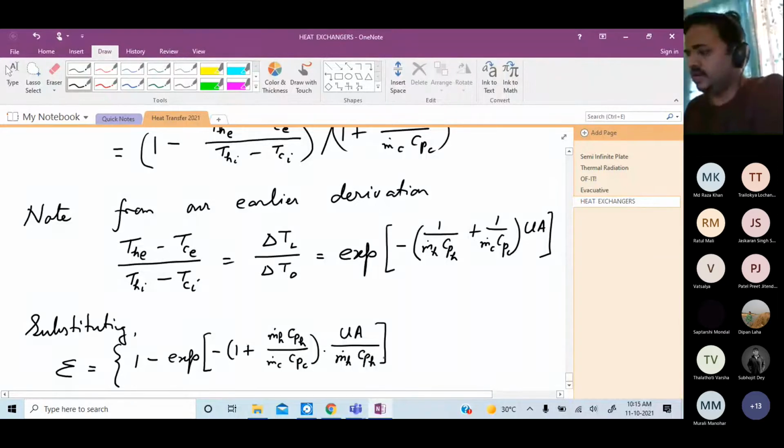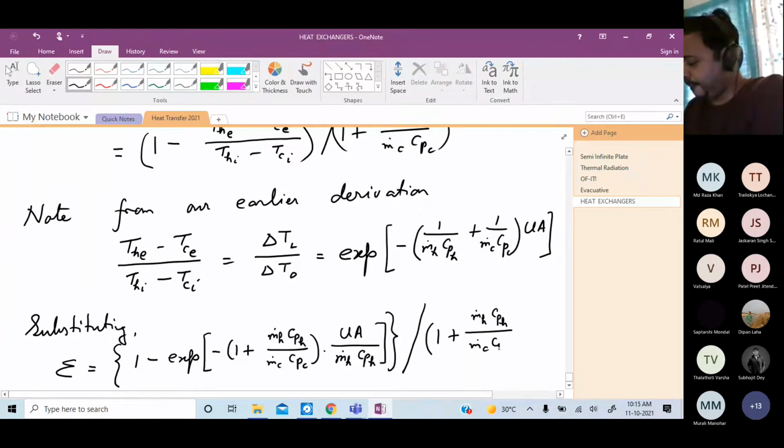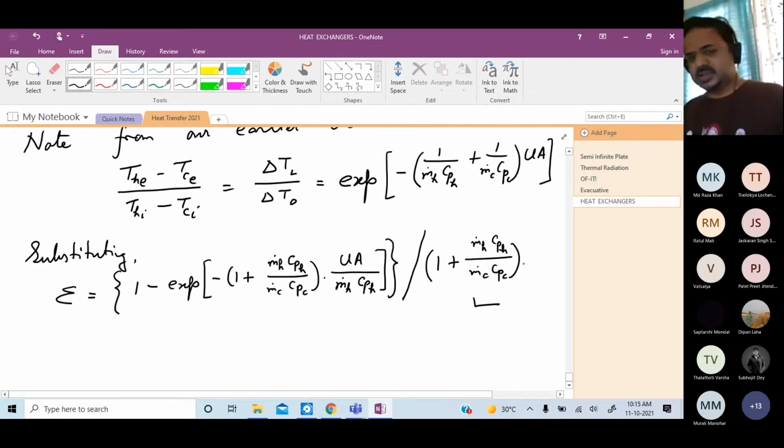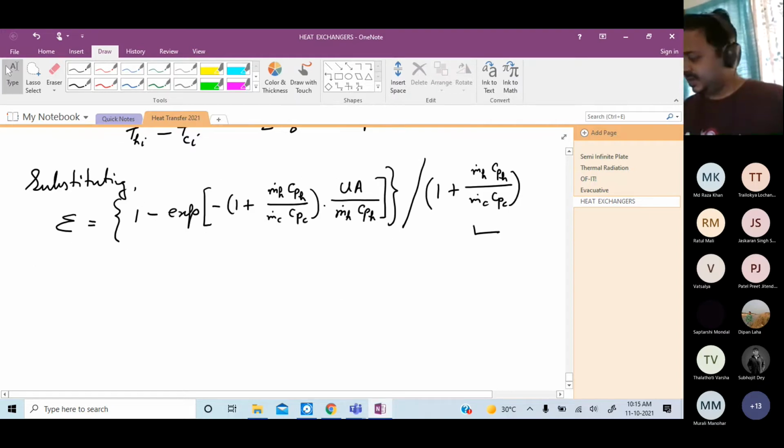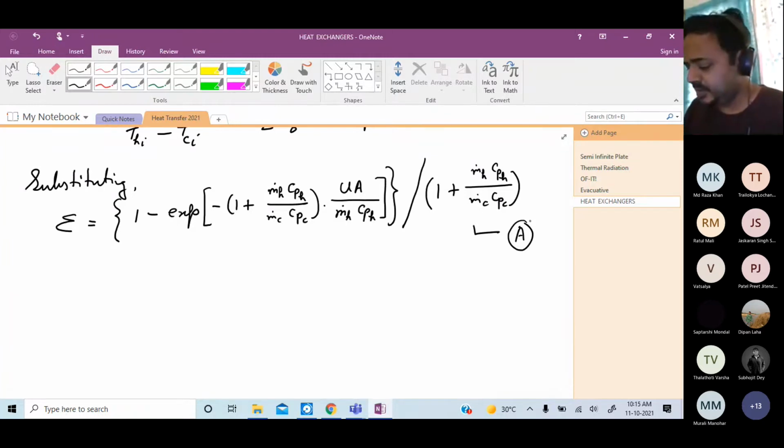Okay. This whole thing divided by 1 plus m dot h CPH over m dot c CPC. Let us term this as A. Now we assume that m dot h CPH was the lower of the heat capacities.